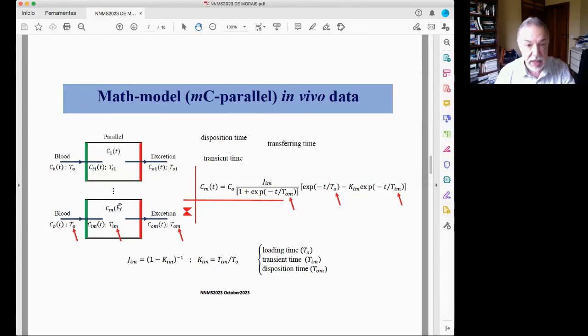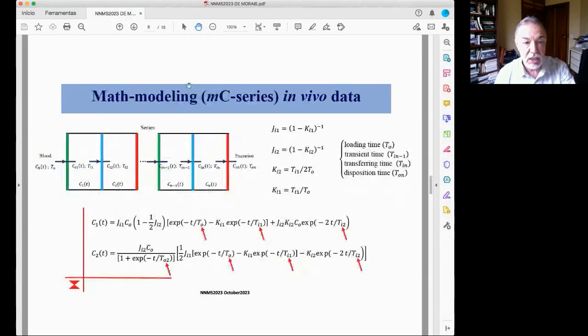Besides the parallel modeling, we can also analyze the system if the transfer of material goes in series. So here you have the loading time, which is the typical time of transferring from the blood circulation to one compartment, the first stage of compartment. And then from the first stage, it goes to the second stage.